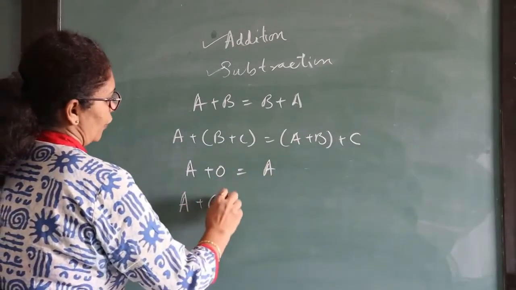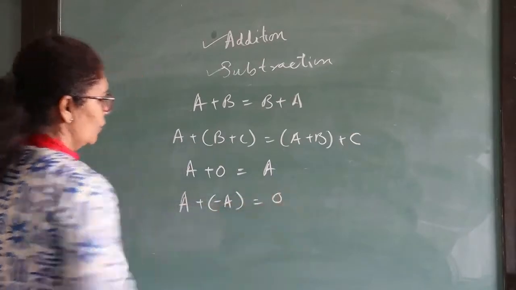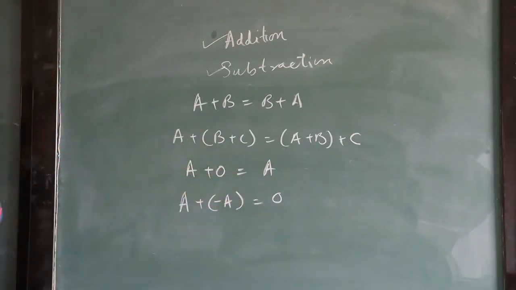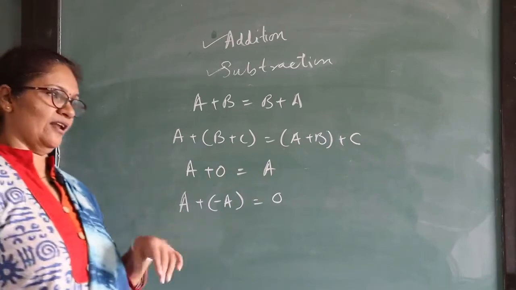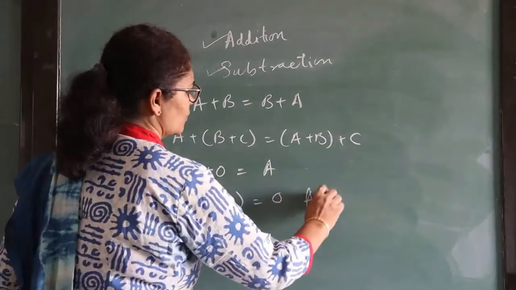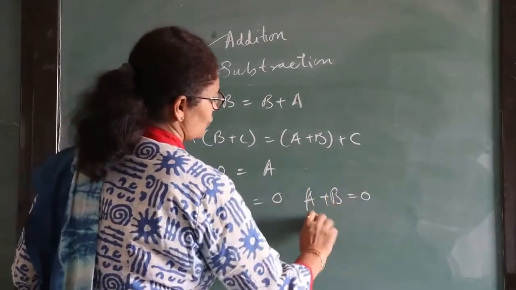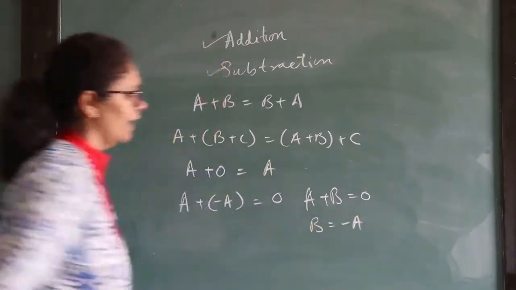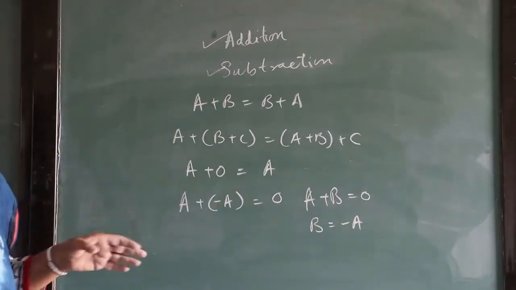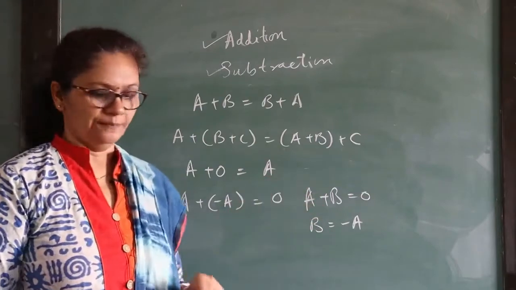And for two matrix, if you get the addition of two matrix is 0, then it's said to be both are inverse of each other. You can write like this also, A plus B equal to 0, so you can say B is the inverse of A. And for additive inverse, simple, we are using the minus sign.